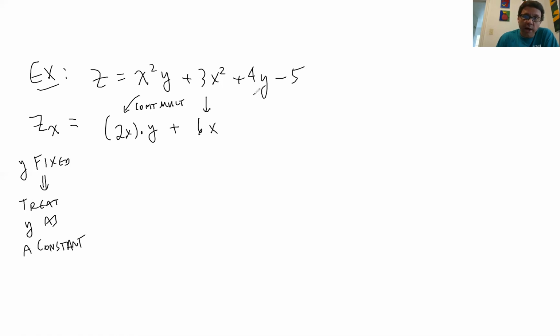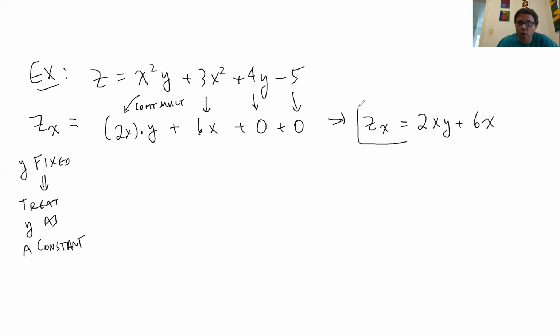The 4y, because, again, just repeating, I'm thinking of y as constant because I only want to let x change. That derivative is 0. And this last one is a constant, so that derivative is 0 as well. So that means that my z sub x is just 2xy plus 6x. So there's one of the first partial derivatives.